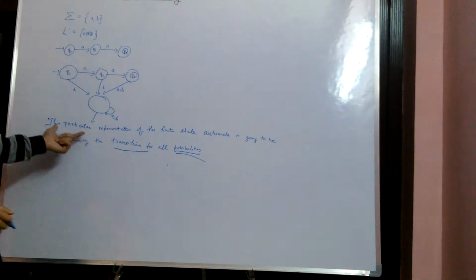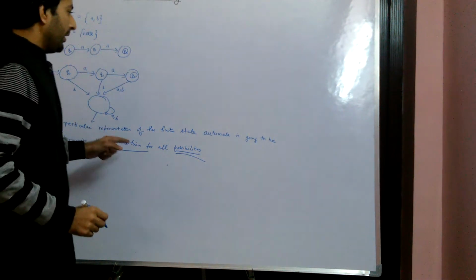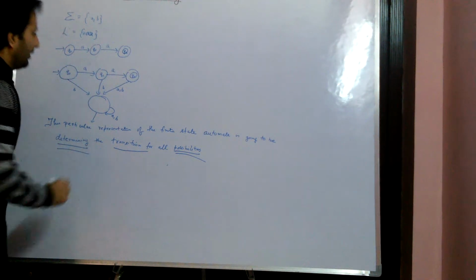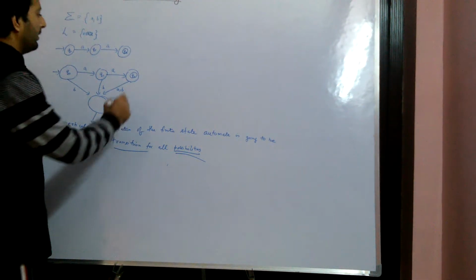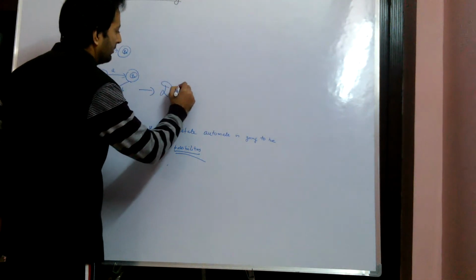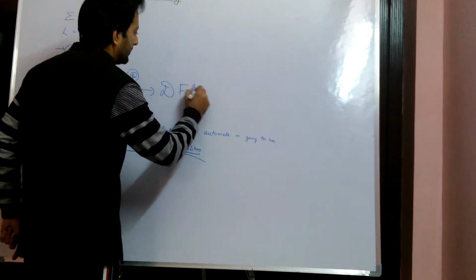The main point over here is that it is going to determine. So for this reason, we say that this particular representation is a deterministic finite automata.